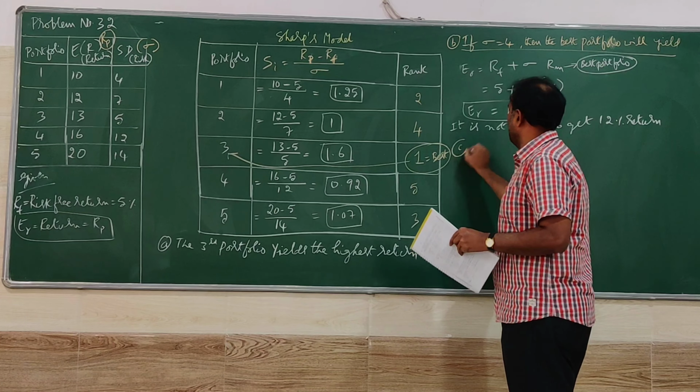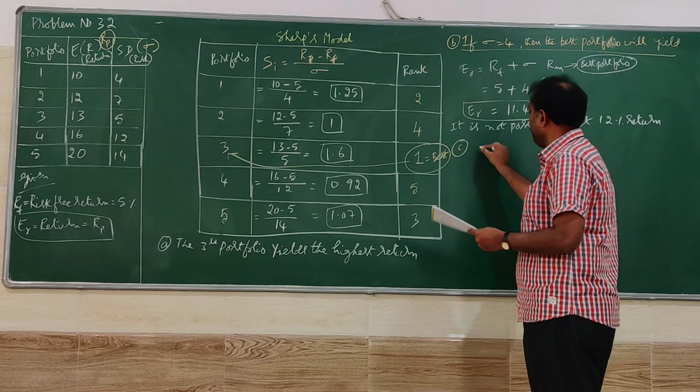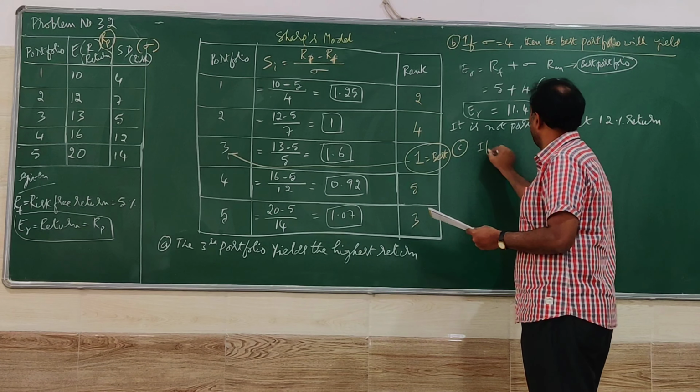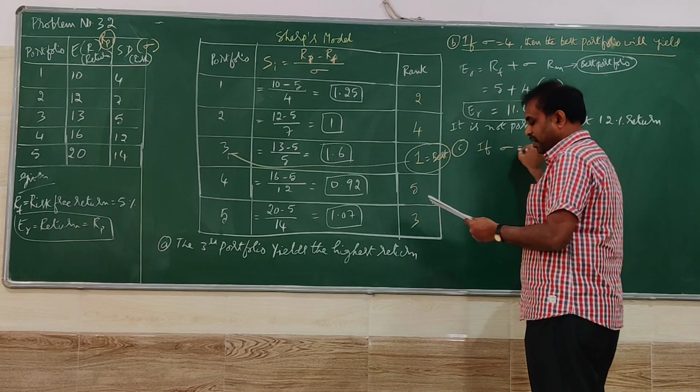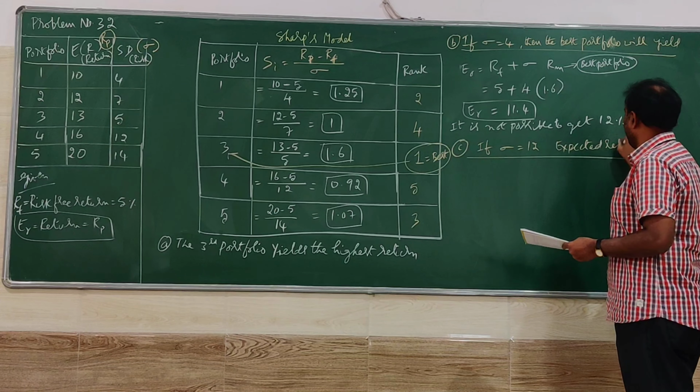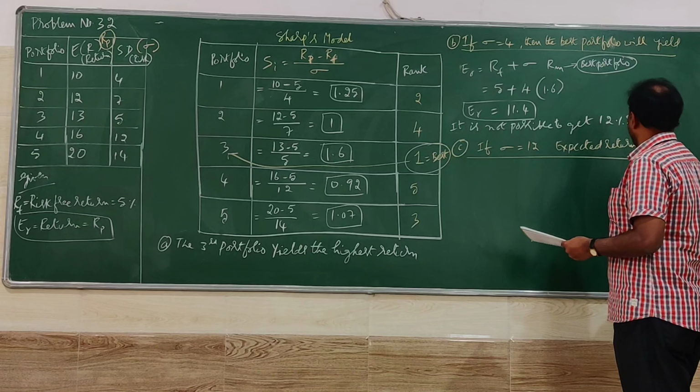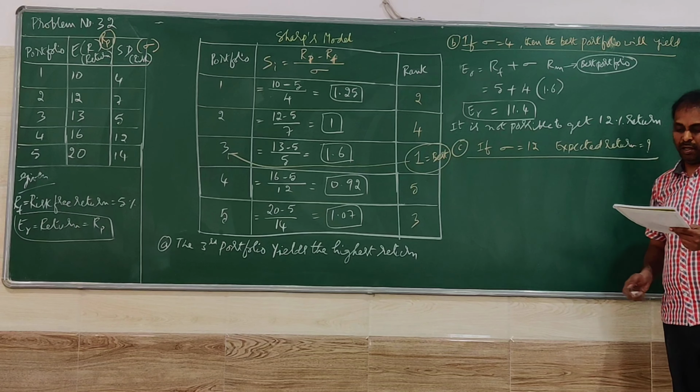Next one. If standard deviation is 12%, what would be the expected return? So here, if standard deviation is 12, what is the expected return? This is the question given therein.